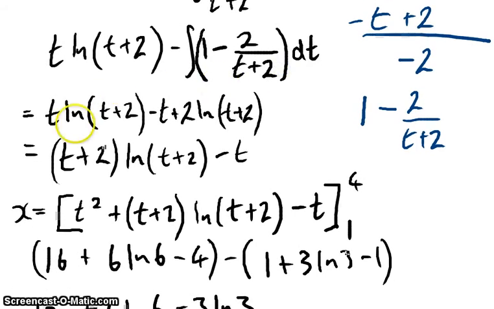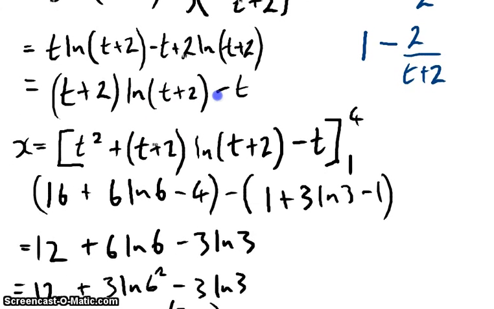So integrating further, we have integral of 1 becomes t, the integral of this becomes a log, and then just collecting some terms together just to tidy it up. We've got a minus t here, that stays there, and everything else is logs. So we've got a common log of t plus 2, so we've got t and plus 2. So t plus 2 is the factorising of the log component.